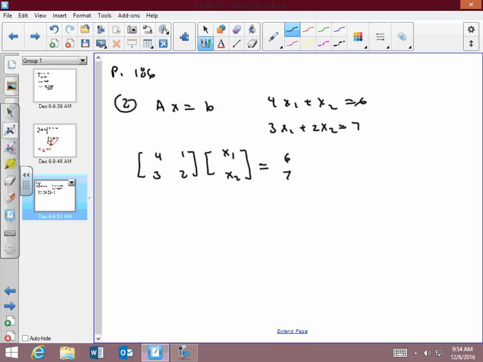So then our A1(B) is going to be equal to that A matrix, but with 6, 7 in that column.